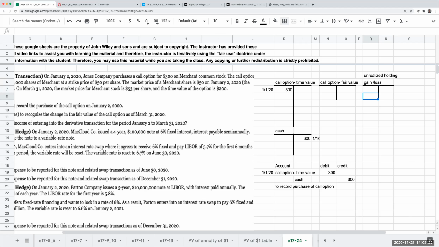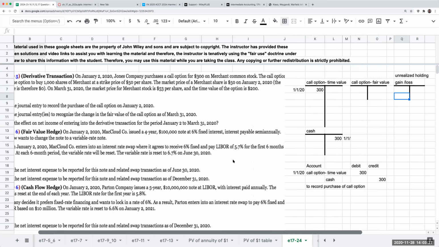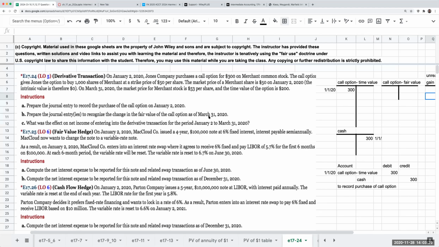So when I get to March 31st, what is the change in the fair value of the call option? Well, there's going to be two components. It tells us that on March 31st, the time value of the option is 200.